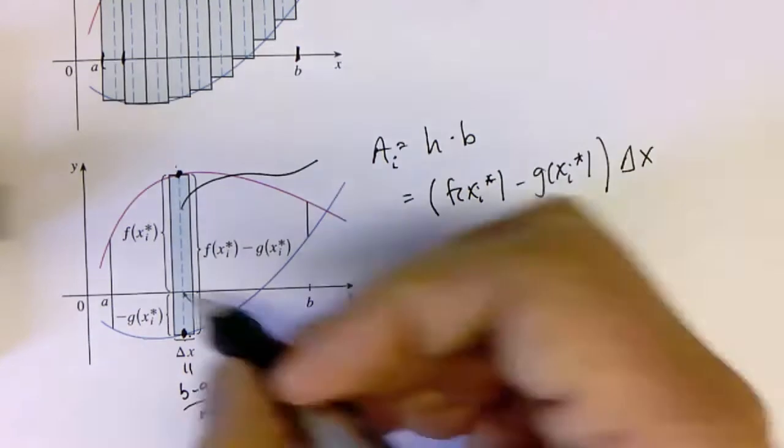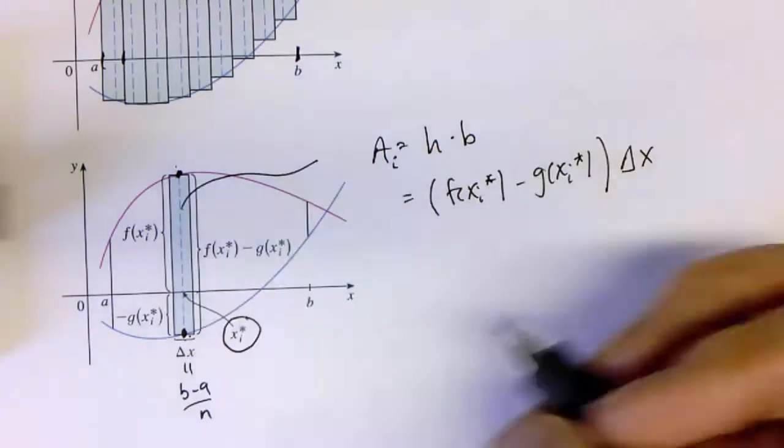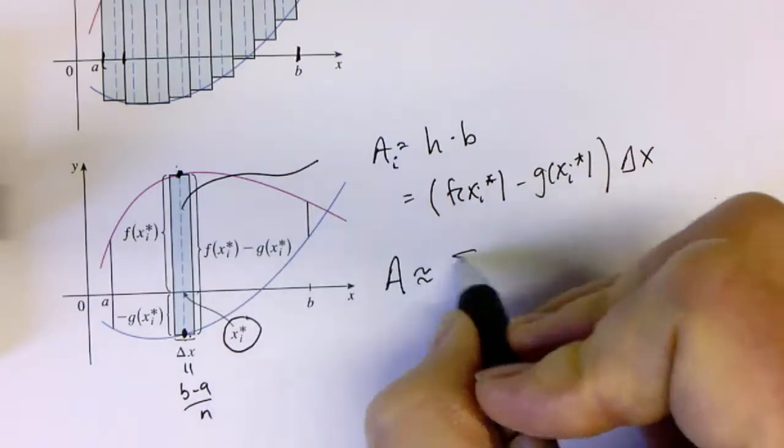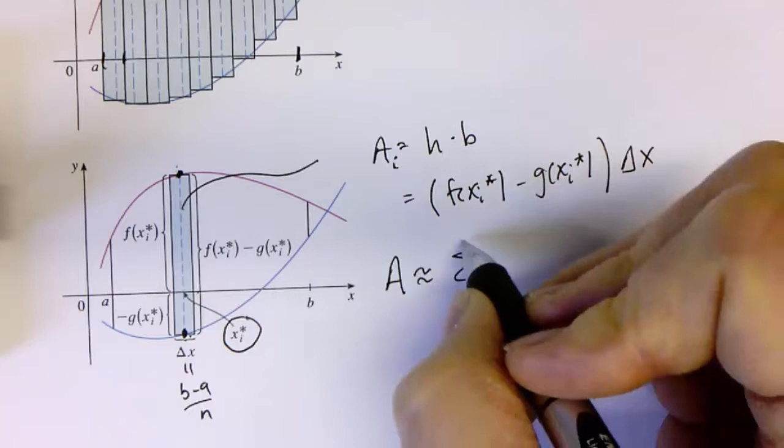All right, and to get the area of the region, or the approximate area of the region, we need to take the sum of all these approximating areas.